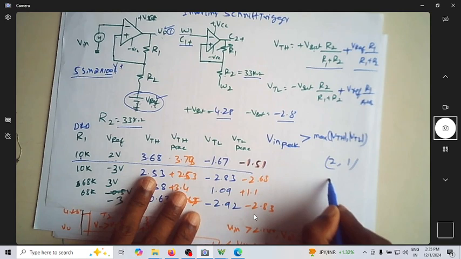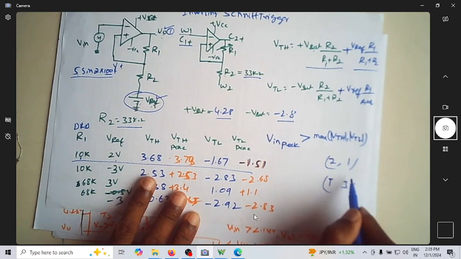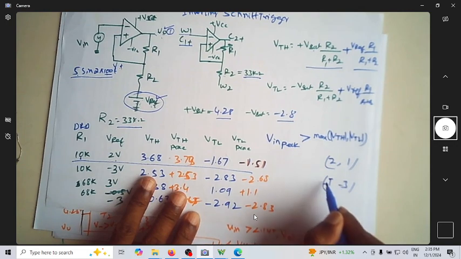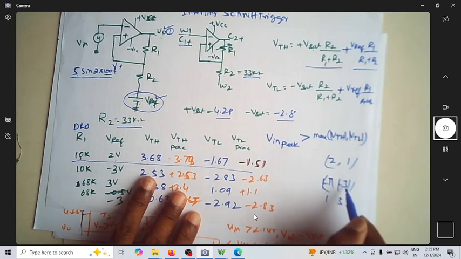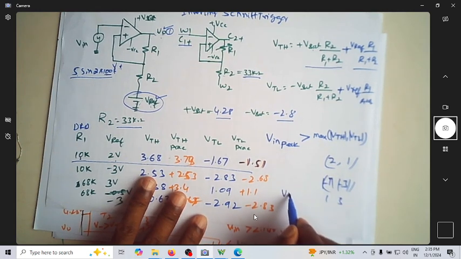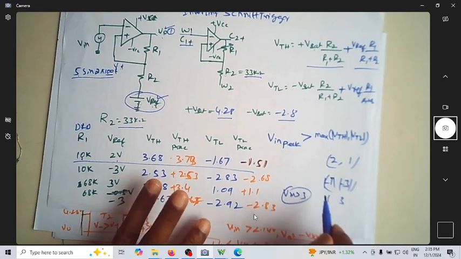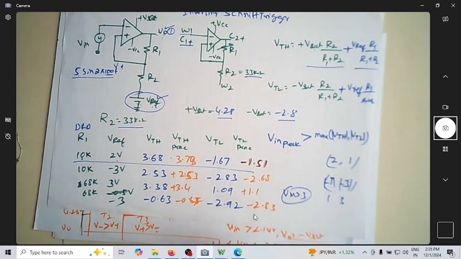If it is 1 and 3, then input should be more than 3. I'm just writing the magnitude. It can be minus 1 and minus 3. So what is the magnitude of this? It's 1 volt. The magnitude of minus 3 is 3 volt. So in such a case, input should be more than 3 volt. If it is less than 3 volt, then it will not make a transition from plus to minus or minus to plus. It will stay in one of the conditions.